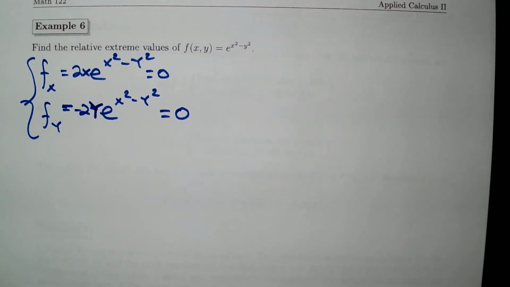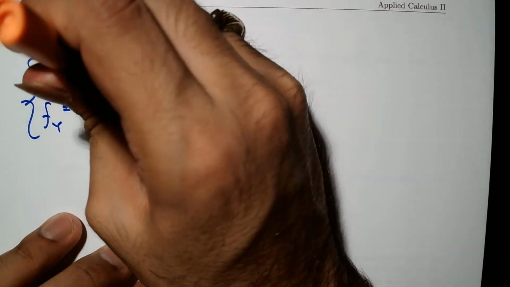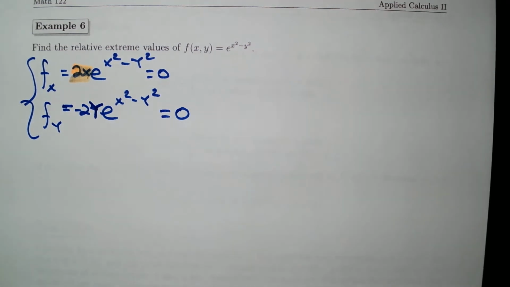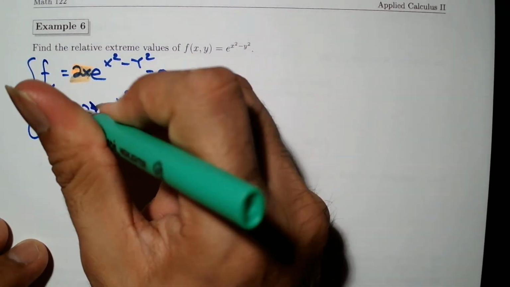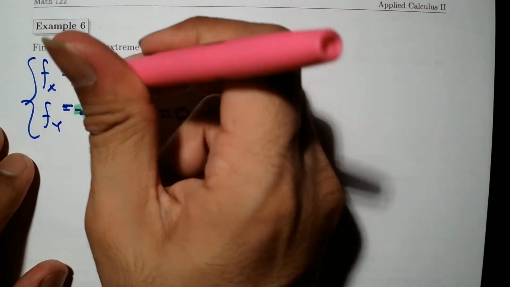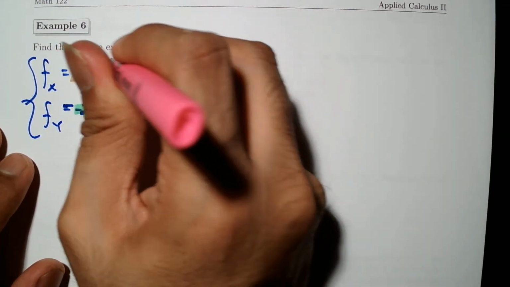So number one, let's highlight all we need to solve. So first of all, I need to set the 2x equal to 0. I need to set the negative 2y equal to 0, and I'm going to use purple for the exponential function.